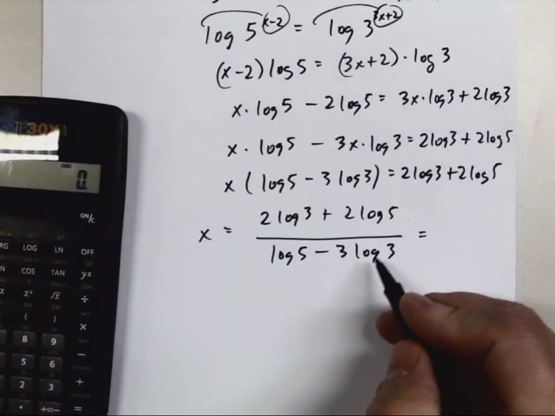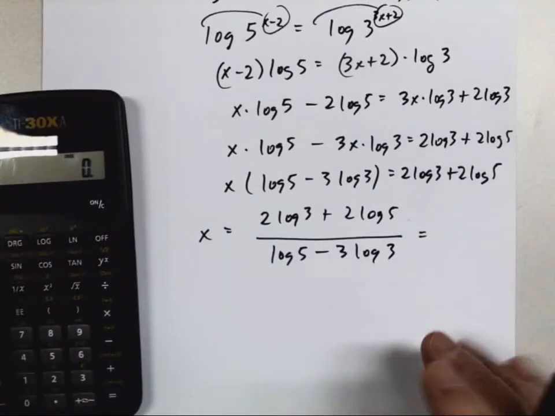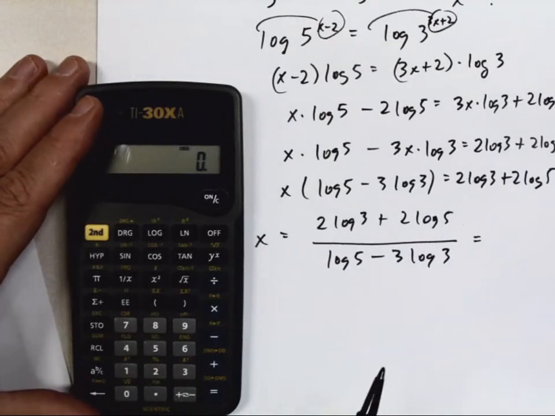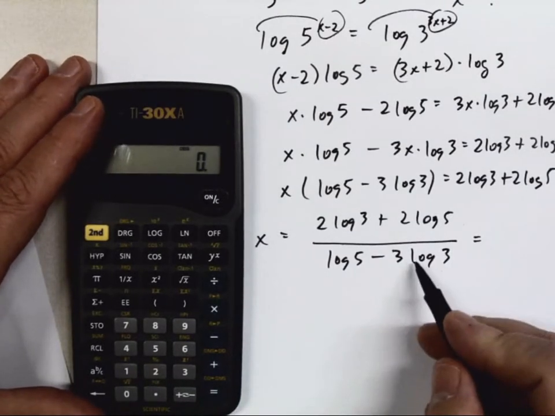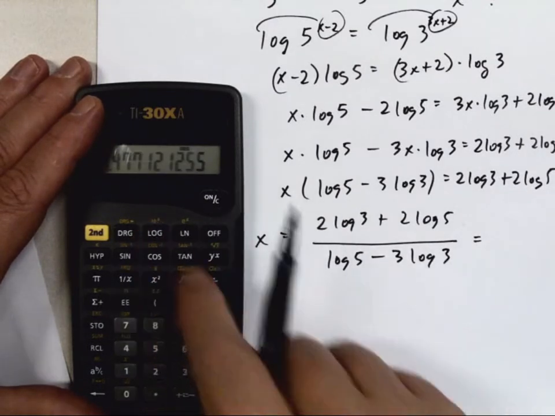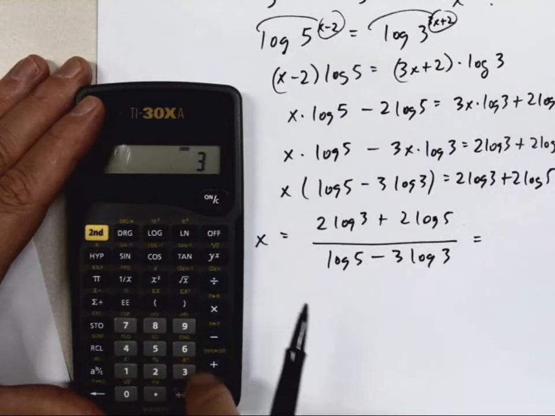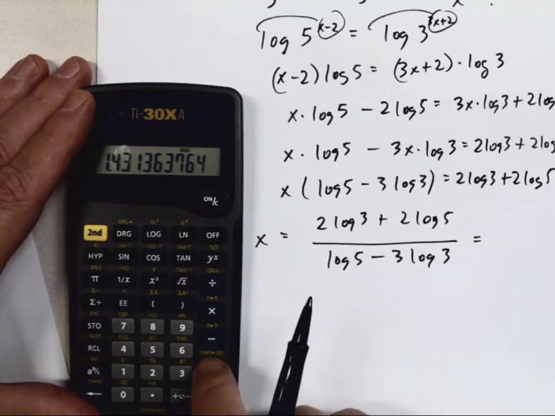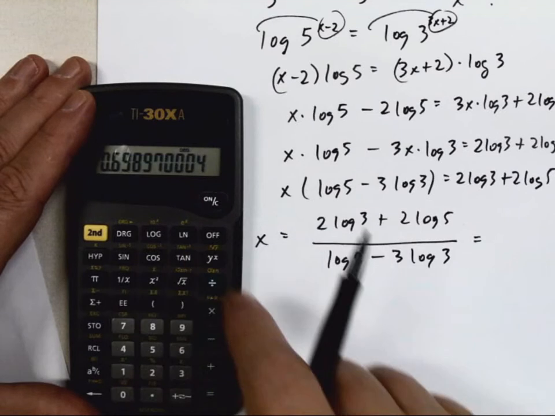Matter of fact, I'm going to first calculate the denominator. So I'm going to do this first. I'm going to do log of 3 times 3 equals, make it negative, and add to it log of 5.